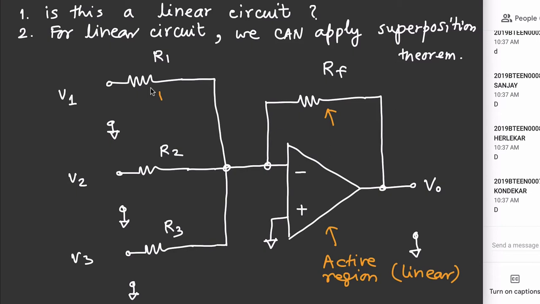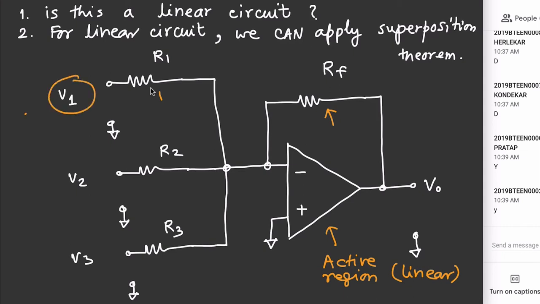That is, for linear circuit we can apply superposition theorem. Shall we go ahead? So how do we apply superposition theorem? We have to consider only one input at a time. Other two will be considered 0. Next time the second one will be considered, third time the last one will be considered. In every case the other two will be 0.